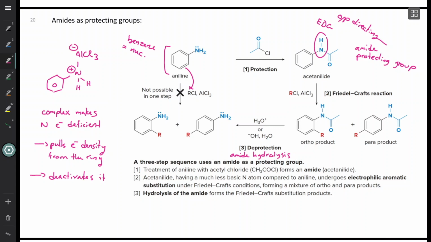So an extra step to get to your desired product, but we didn't really cover this before when we were doing benzene chemistry, because then we would have had to explain amide synthesis, and we weren't ready to do that. But it's important to note that now when we're revisiting benzene chemistry, if you have an amine, you cannot do a straight Friedel-Crafts.